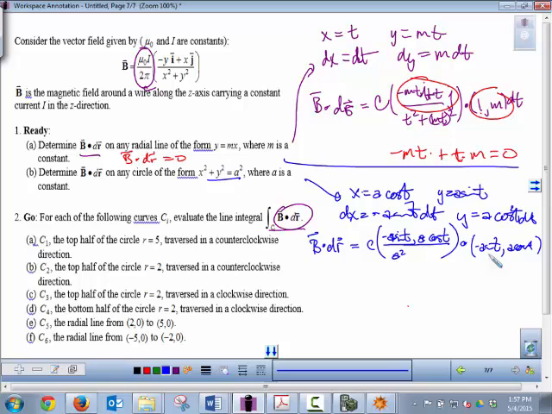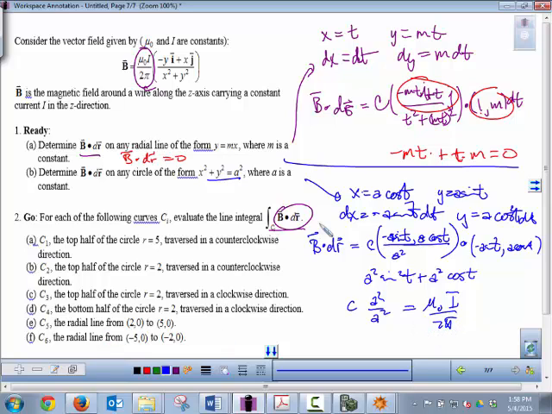And when we take the dot product, we're going to get negative a sine t times negative a sine t, so that's a squared sine squared t, and then a squared cosine squared t. So this is just a constant because all the t's are gone. So you have that constant c, you have a squared and a squared, so that's just that constant mu naught I over 2 pi.